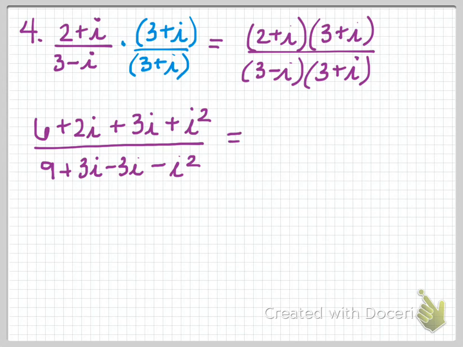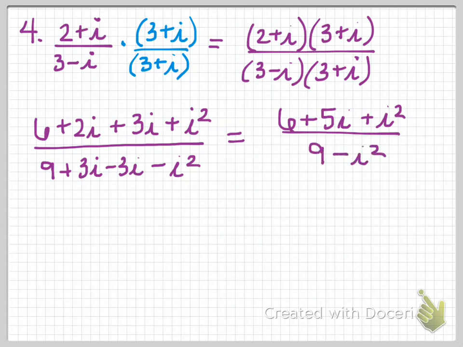And when we simplify this, we get 6 plus 5i plus i squared over 9 minus i squared.